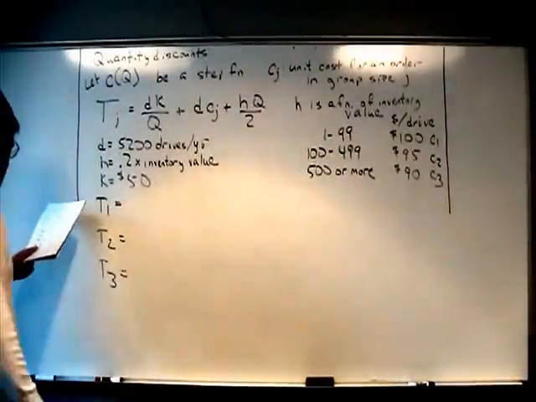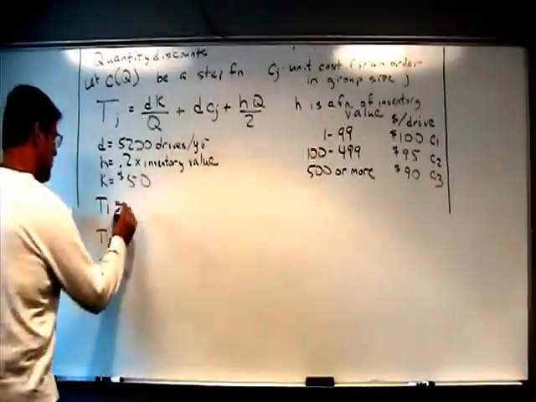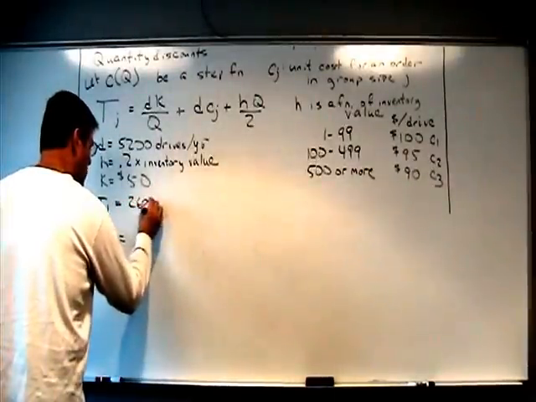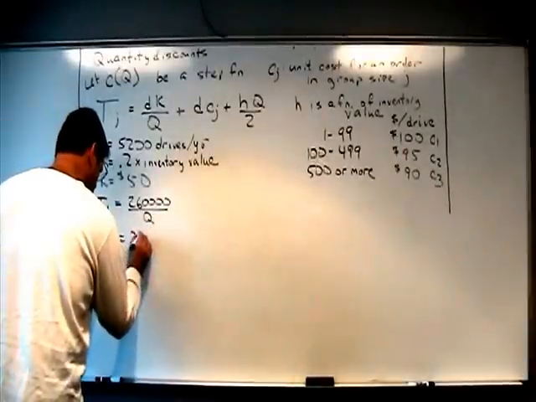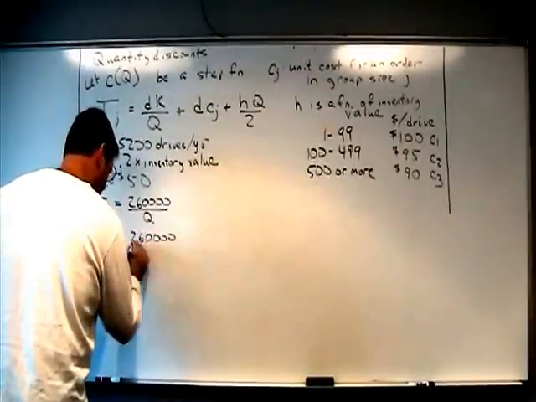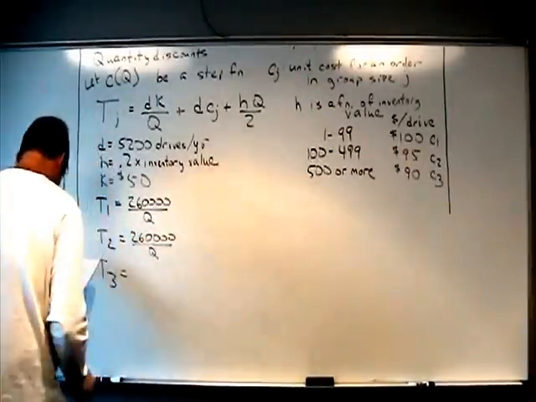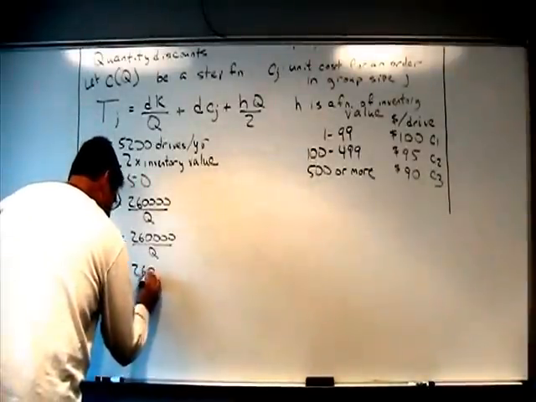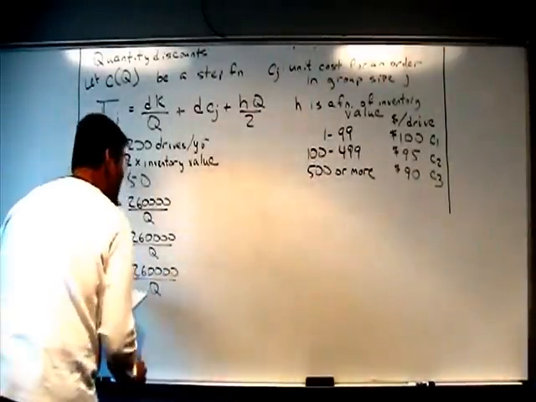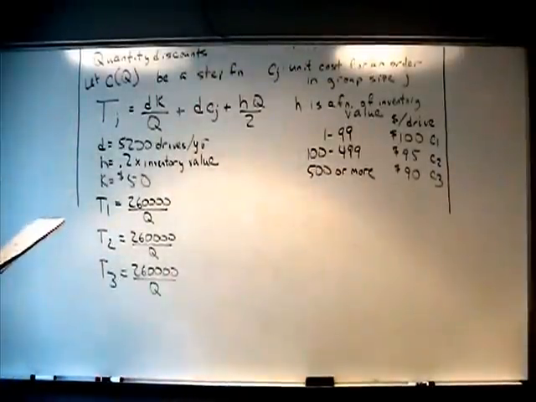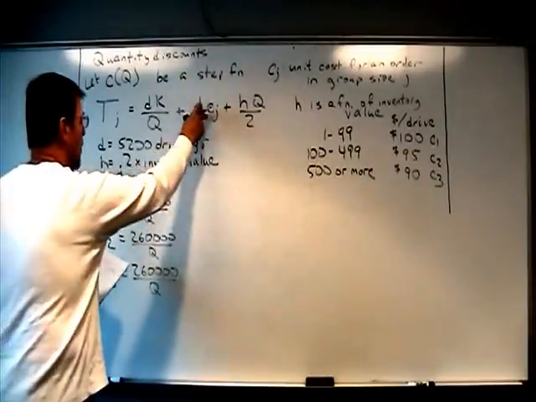So this is going to work out to be 260,000 divided by Q. The middle term, we're going to have our annual demand times the unit price.